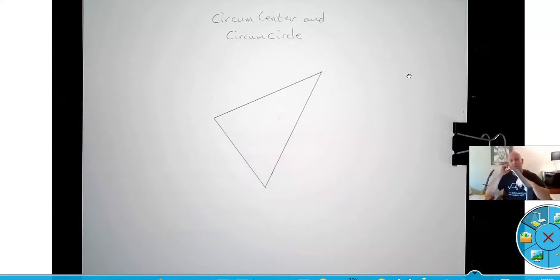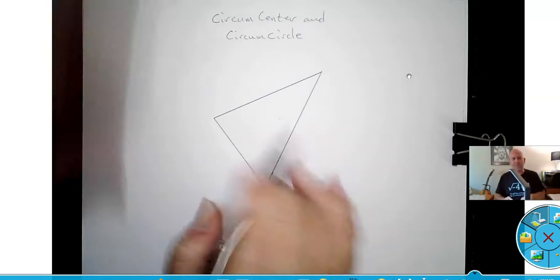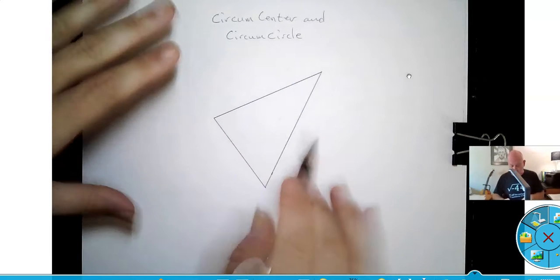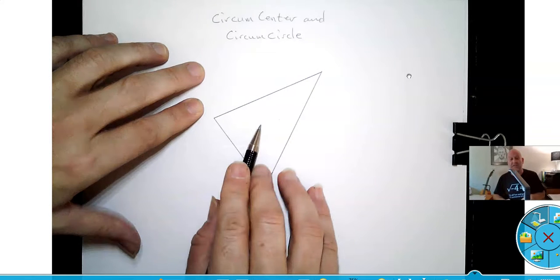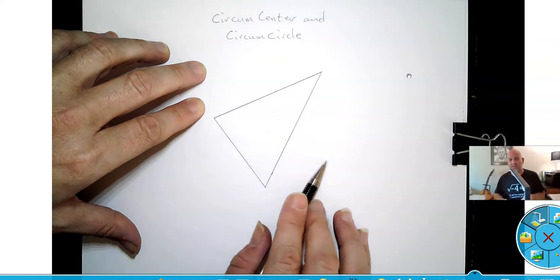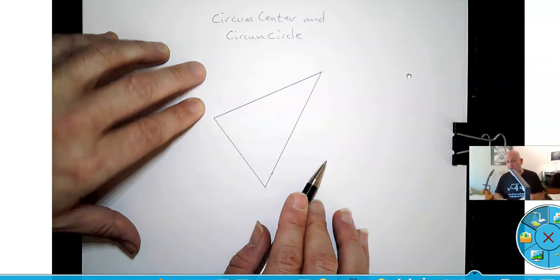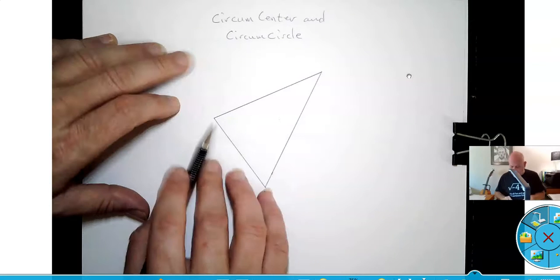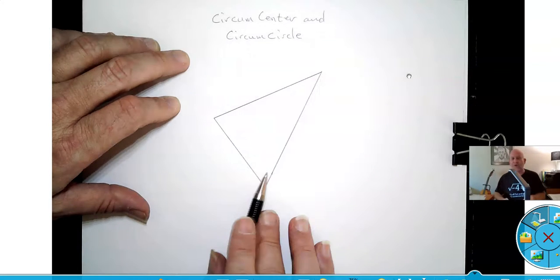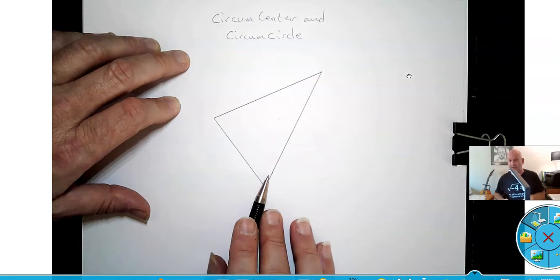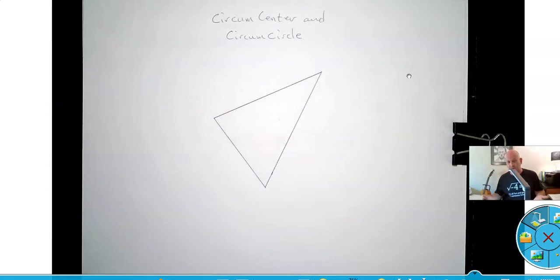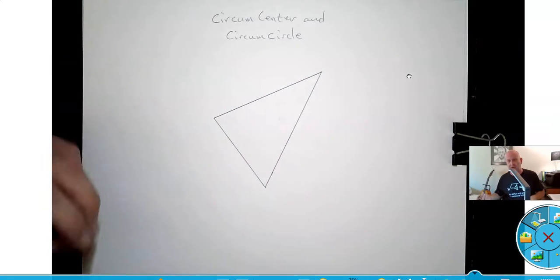The circumcenter and the circumcircle are both triangle centers, or excuse me, the circumcenter is a triangle center. Sometimes it is interior to the triangle, sometimes it is exterior, and it works like this. If one of the angles in the triangle is over 90 degrees, then the circumcenter is on the outside of the triangle.